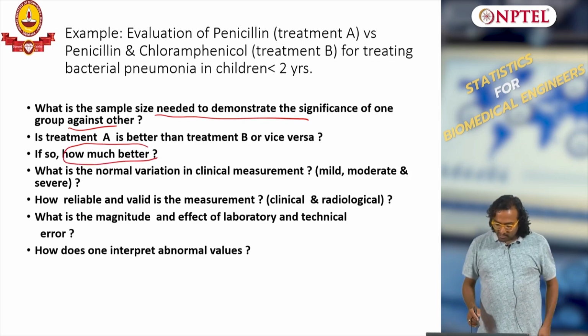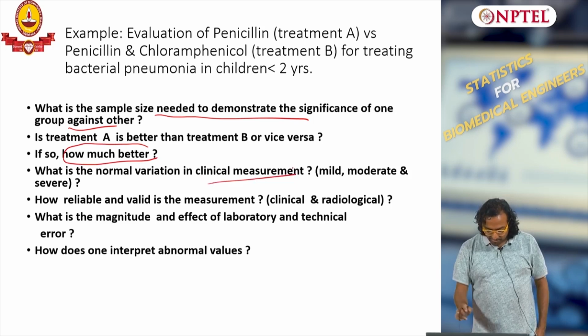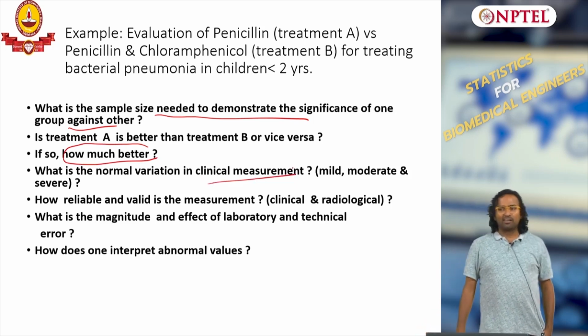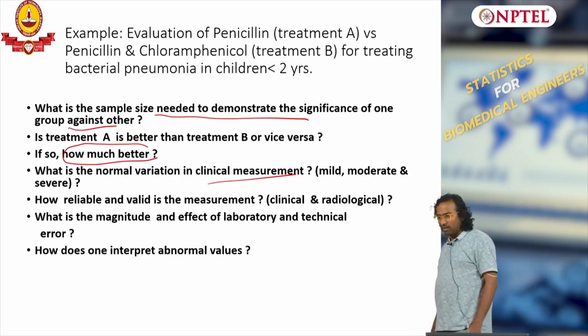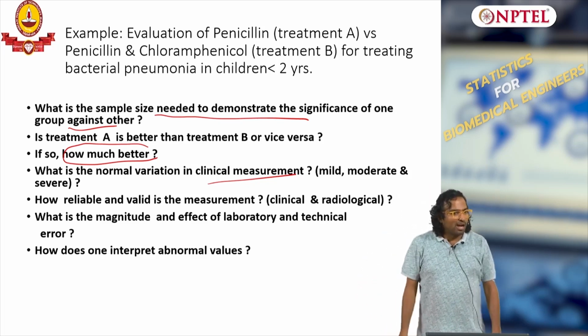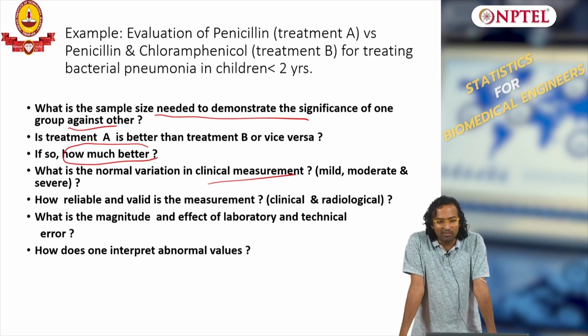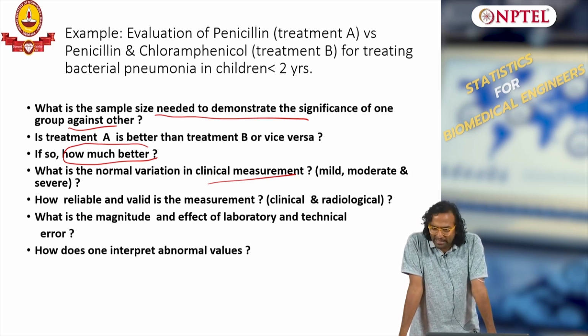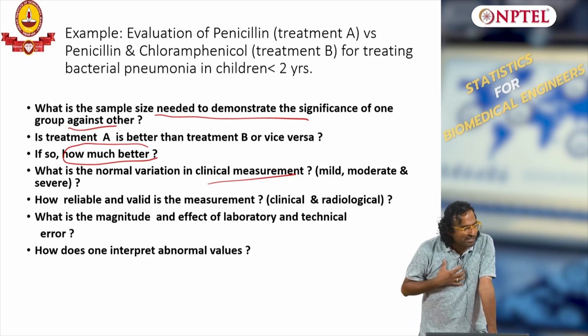What is normal variation in clinical measurement? Bacterial pneumonia itself will have grades, so a kid with bacterial pneumonia may be at a mild starting stage. The level of infection is important.